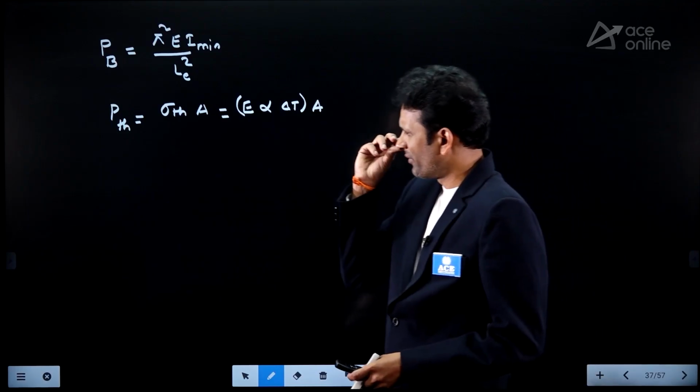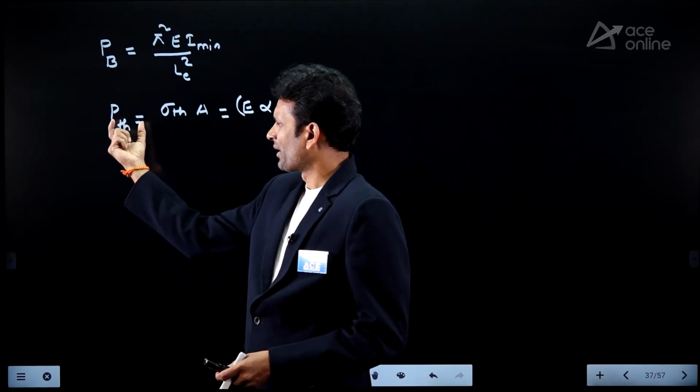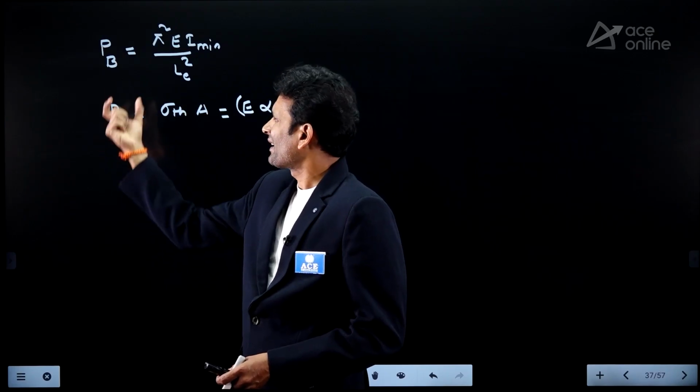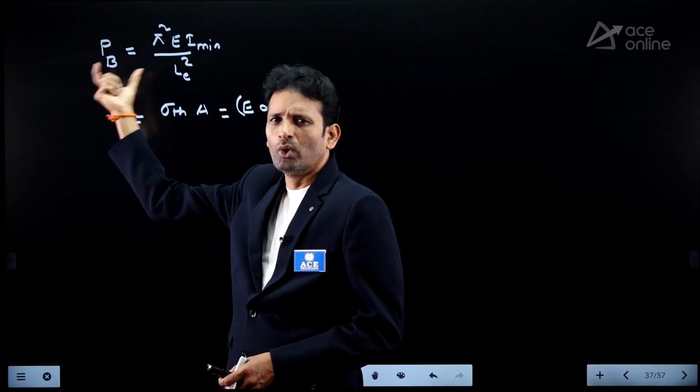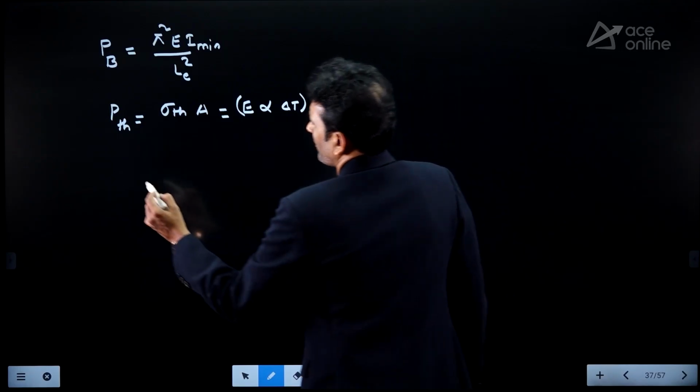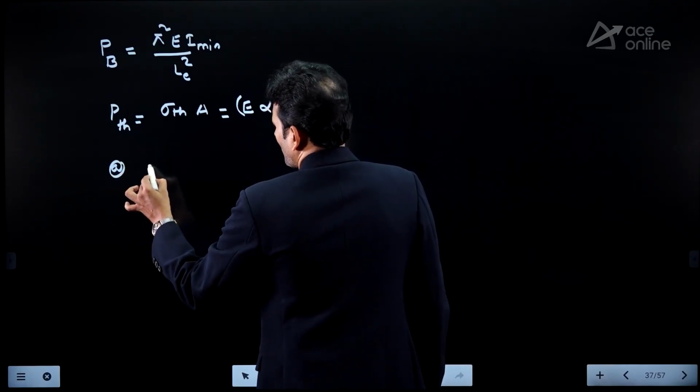So, because of temperature rise, whatever thermal load we are observing in the bar, when it is exactly equal to the Euler buckling load, we are expecting the buckling mode of failure. So, apply this condition at equilibrium.